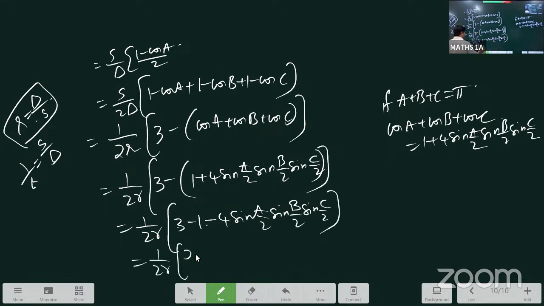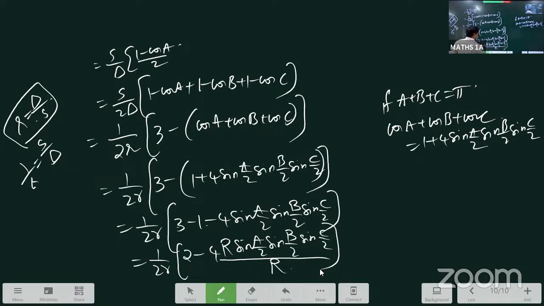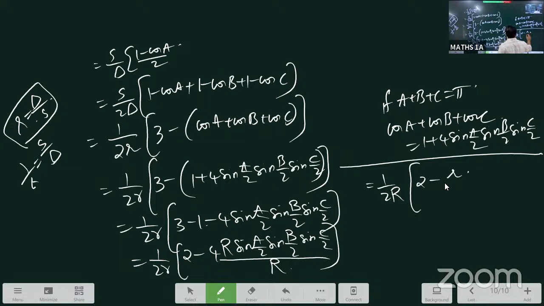That is 1 by 2r, 3 minus 1 is 2, minus 4 sin A/2 sin B/2 sin C/2. Multiply and divide with capital R in this step. So I'm making the conclusion now. What am I going to get? 1 by 2r (2 minus small r by capital R).